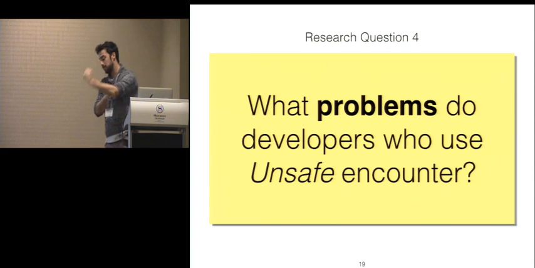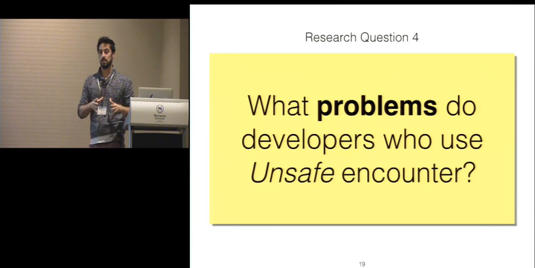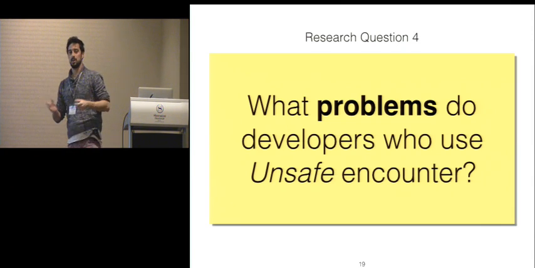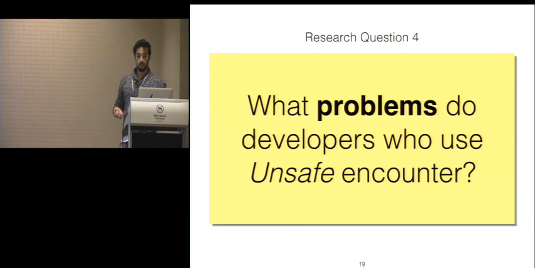So the other question that we want to know is, now that we have these patterns, what are people saying, what kind of problems do developers encounter when they are using Unsafe? To that end, we mined Stack Overflow to analyze what people are saying about sun.misc.Unsafe.